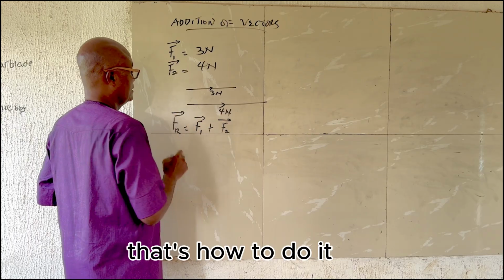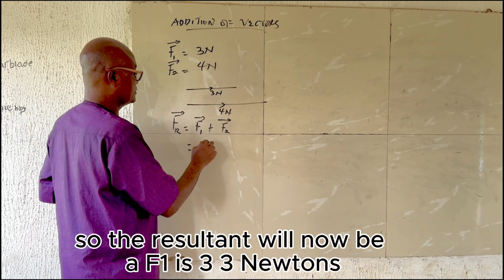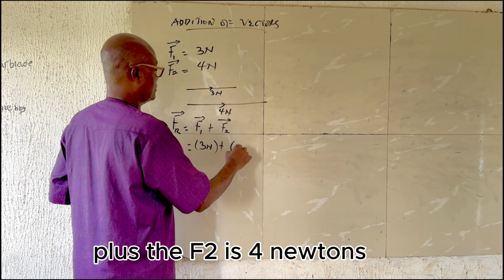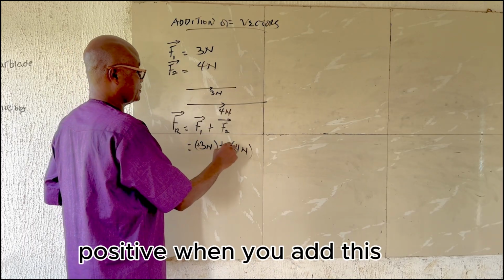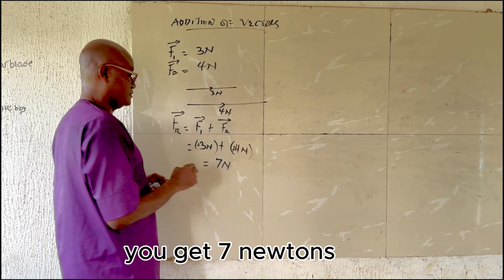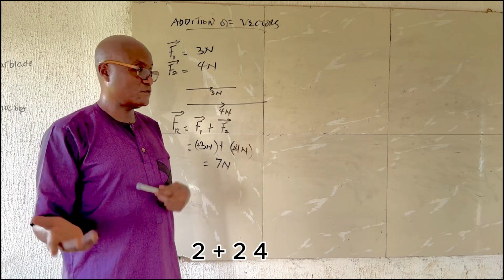So the resultant will now be F1 is 3 newtons plus the F2 is 4 newtons. Because both are moving in the same direction, it's going to be positive. When you have this, you get 7 newtons. It's just like ordinary scalar addition, 1 plus 1, 2 plus 2, 4.